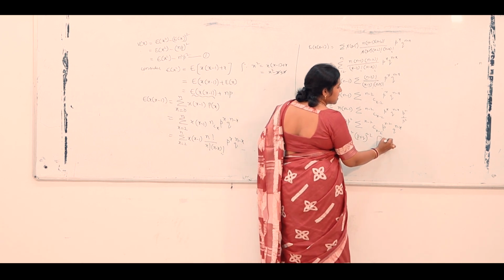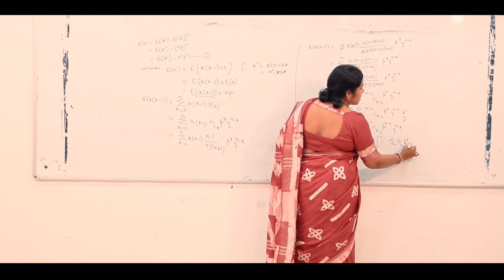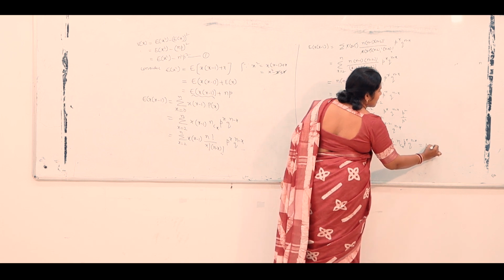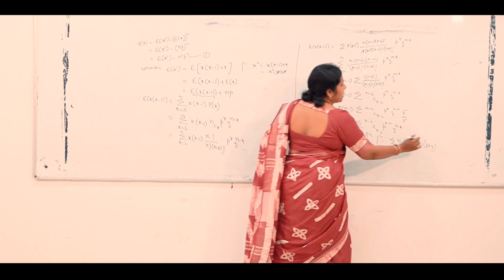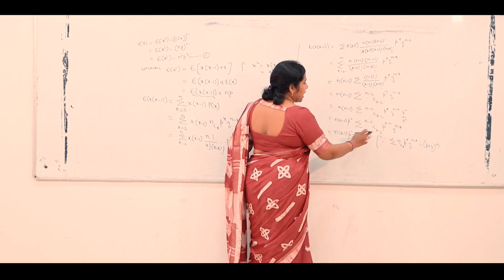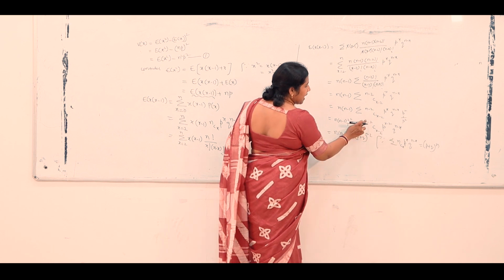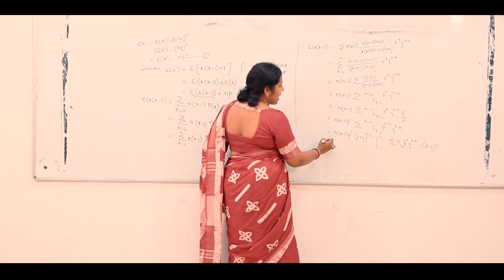What formula are we using here? nCx p power x q power n minus x, which is nothing but the binomial expansion, p plus q whole power n. So in place of p you have p, in place of q also q, but in place of n you are getting n minus 2. So p plus q whole power n minus 2.